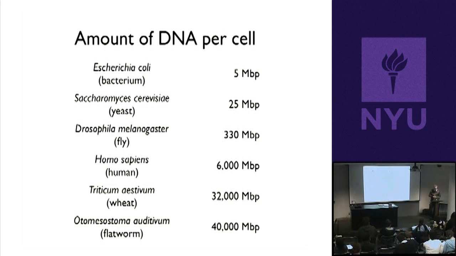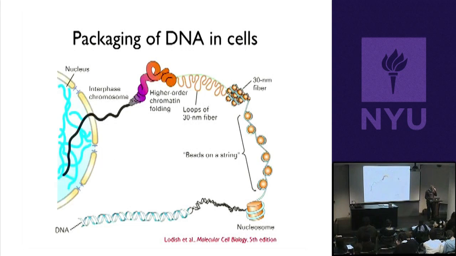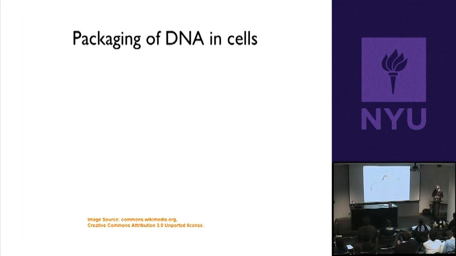So DNA inside your cells is packaged. This is a diagram of how that packaging takes place. It happens in successively more and more compacted states. You start with just this double helix of DNA, and that's wound around certain proteins called histones to make nucleosomes. This unit of DNA wrapped around histones is called a nucleosome.